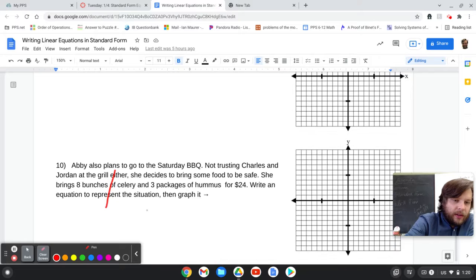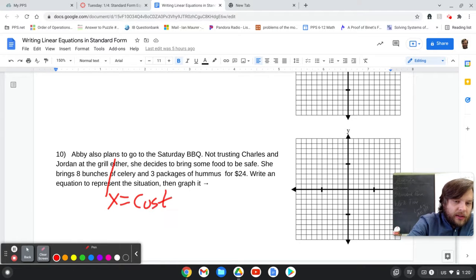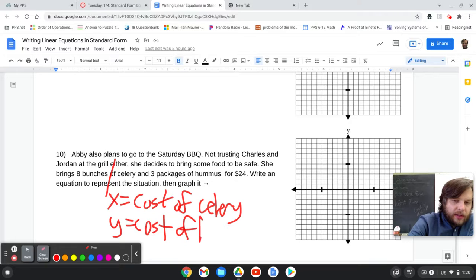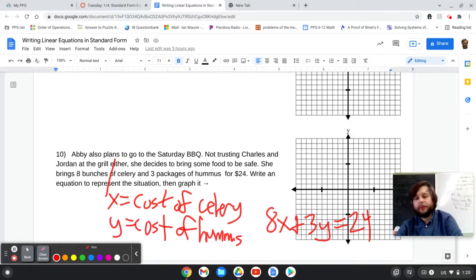So x is going to be the cost of celery, and y will be the cost of hummus. And then we have 8 celery plus 3 hummus makes 24.